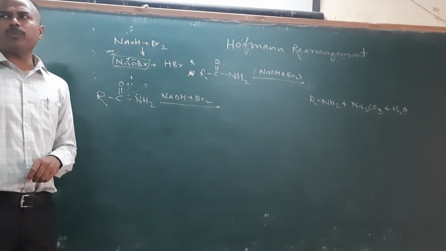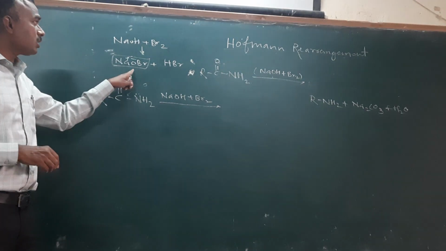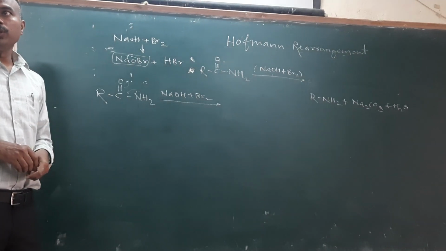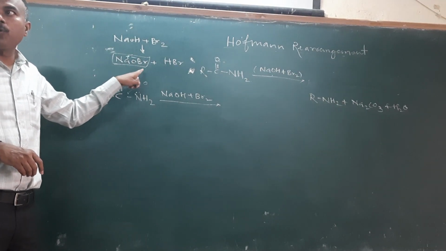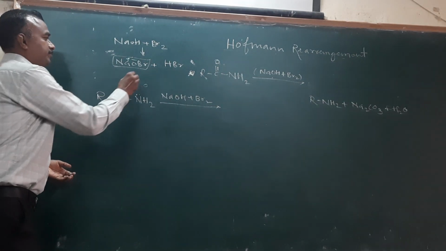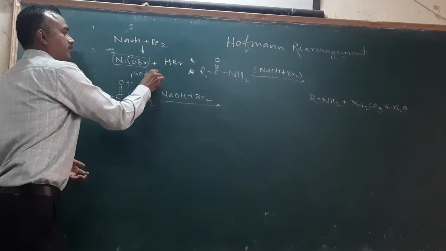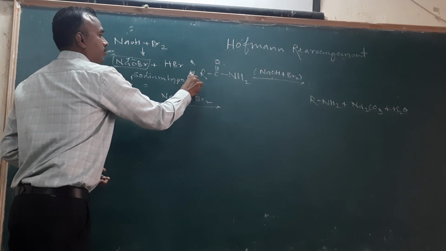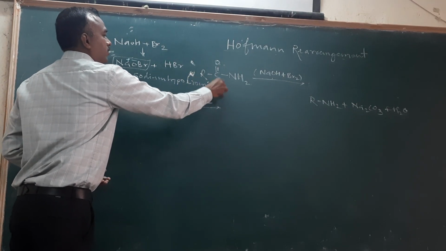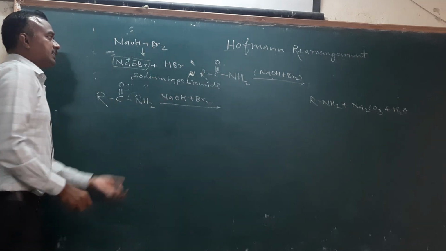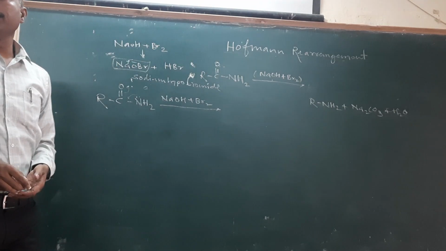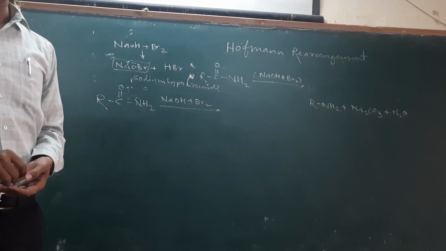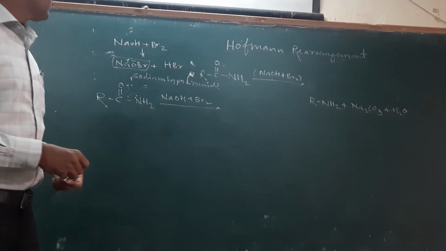So this is your strong base, sodium hypobromite, like sodium hypoiodite. Keep in mind, this is the intermediate base which is formed through this reaction.